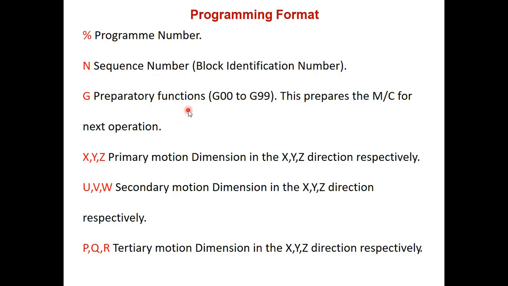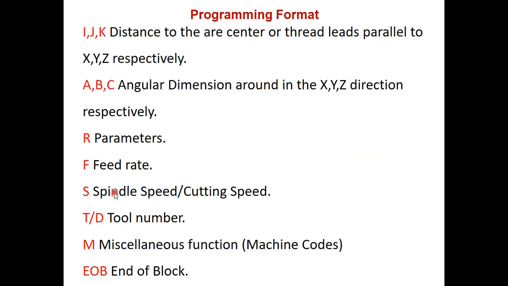G is the preparatory function, then X, Y, Z or U, V, W, P, Q, R are all dimensions with respect to the X, Y and Z directions. Similarly, R is a parameter, it may be a radius. F is the feed rate, S is the cutting speed, T or D is the tool number, M is the miscellaneous function, and EOB is the end of the block.